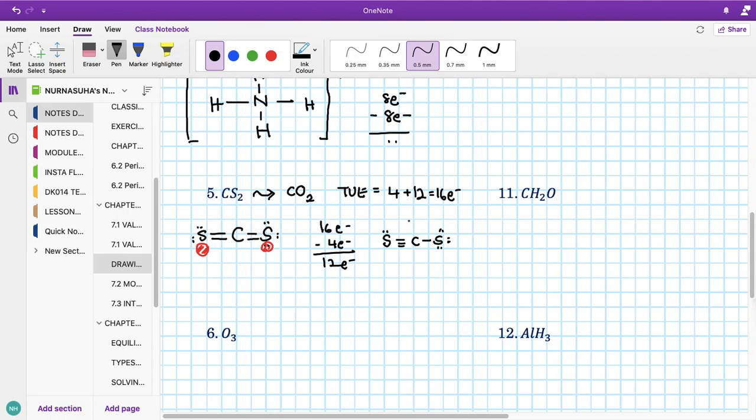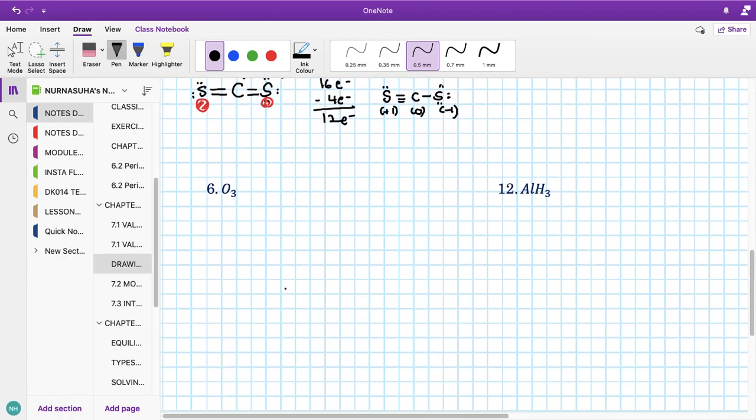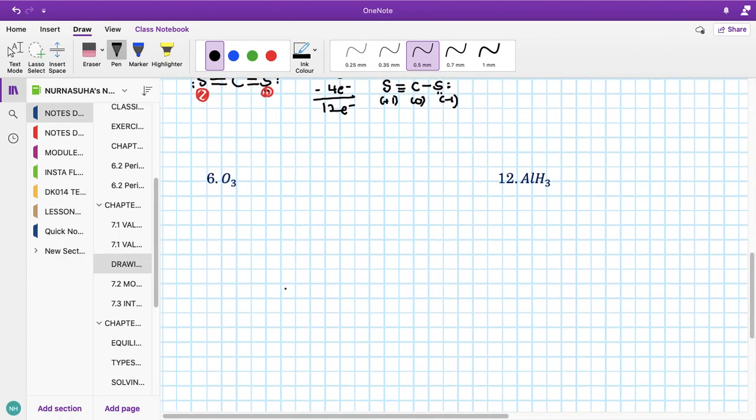Cuma when you calculate the formal charge, yang ni nanti formal charge dia positive 1. This one nanti formal charge dia negative 1. Whereas for this structure, all the formal charge is 0. And we discussed before, the most stable structure is the structure that has zero formal charge.